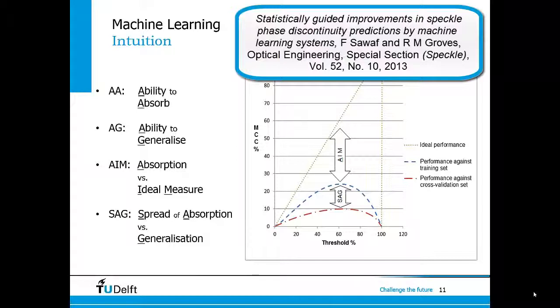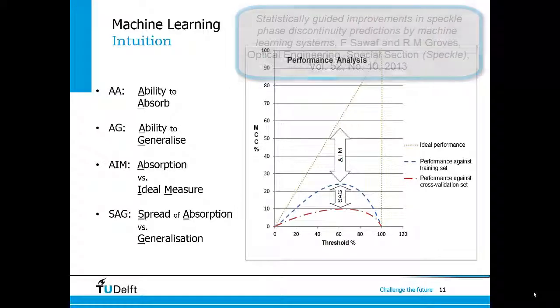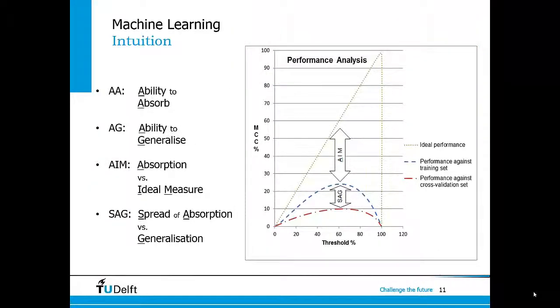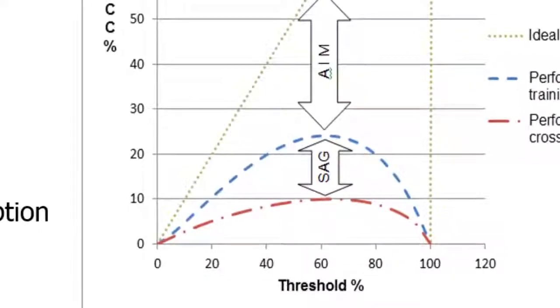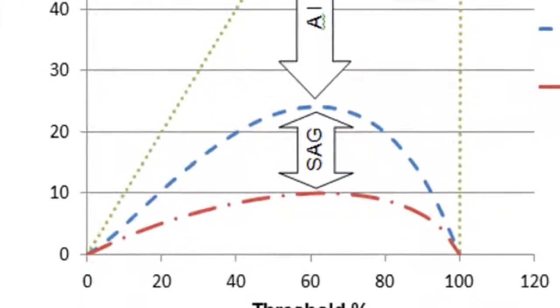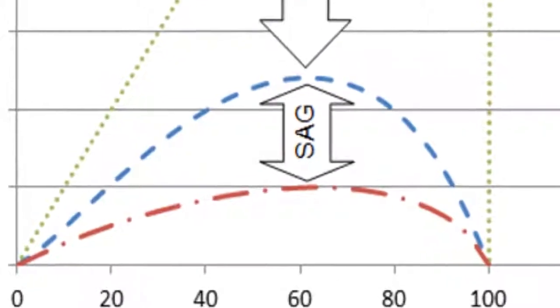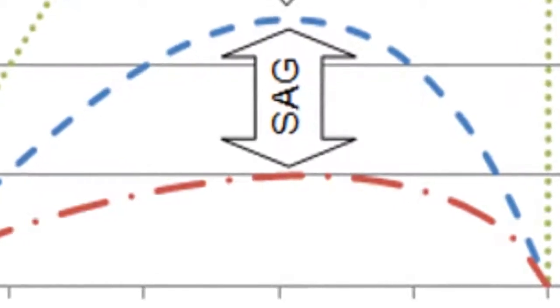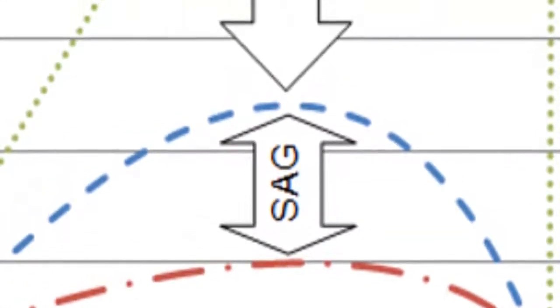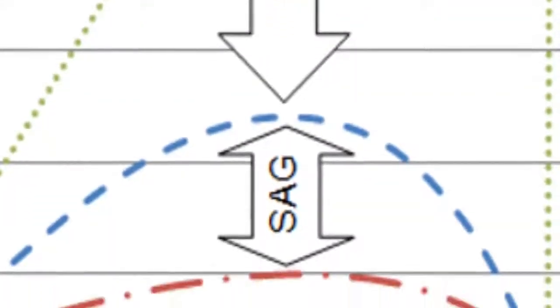So once we established with the person who asked what they meant by that question, what I was trying to say was that essentially what you need to do is pick a number and try it and see what the performance looks like, and then plot the performance in this way. You might find that the number of neurons you have is actually large enough, and the problem is in this gap between the performance against the training set, which you are training the network with, and performance against the cross-validation set, which you are testing with.